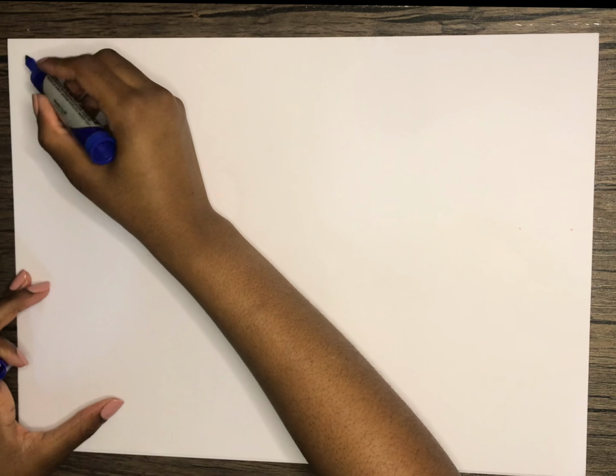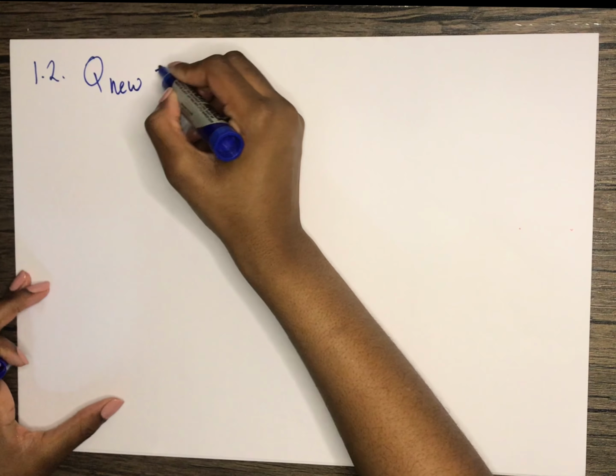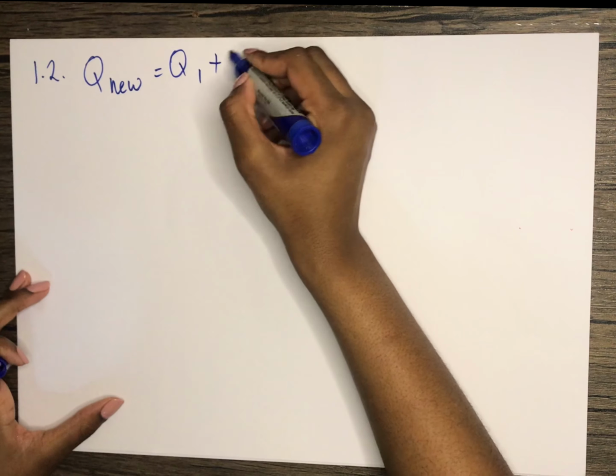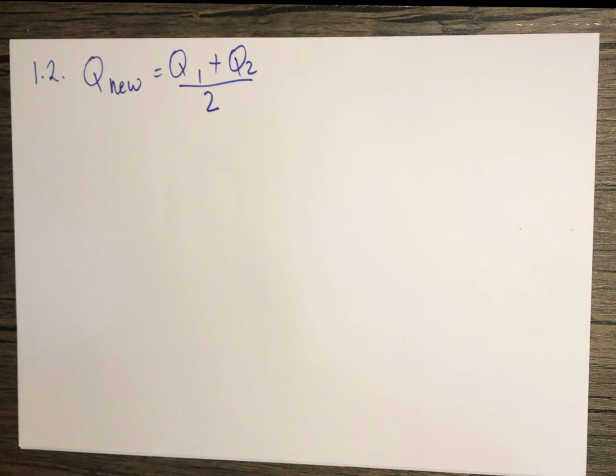Before you can calculate the charge gained or lost, which is basically the change in the charge, you first have to find the new charge on each sphere after they have been in contact, right? So you're going to use the formula Q new is equal to (Q1 plus Q2) over 2, which we explained in the last video, right?